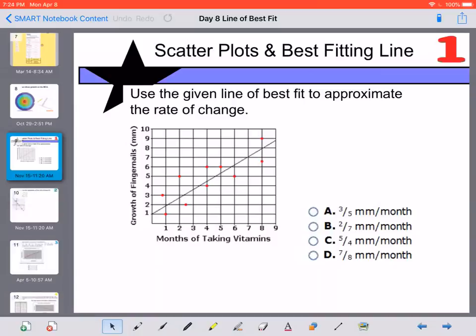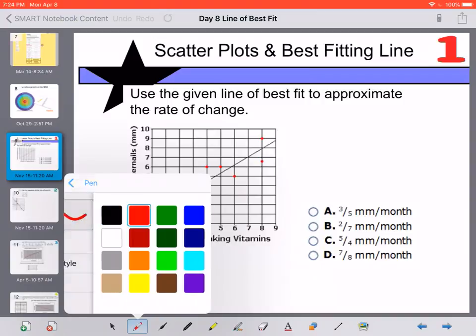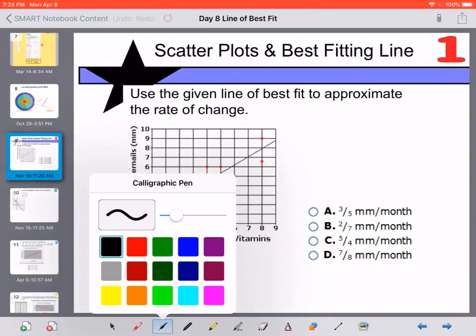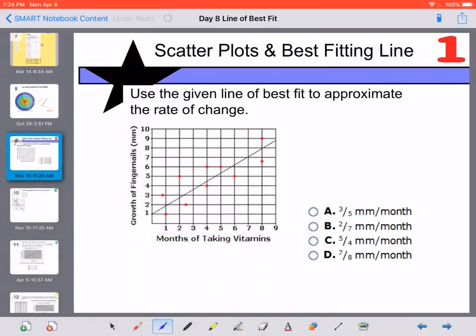So first of all, we're going to start with using this graph to figure out what is the rate of change. What we've got to do is look at where on our line we see points that are going through intersections.